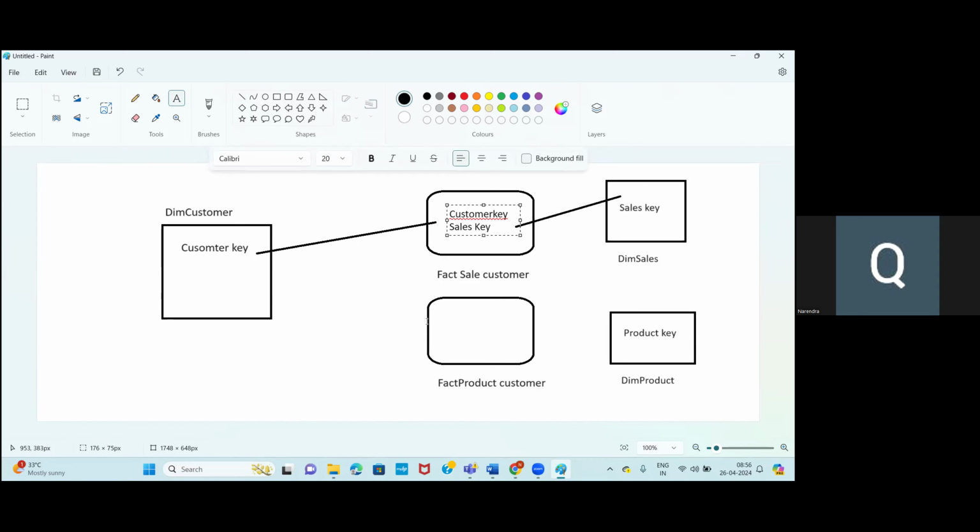And here also we have this dim customer table having a relation with the product key. Here we have customer key and the product. This is how the relation exists between customer and product.